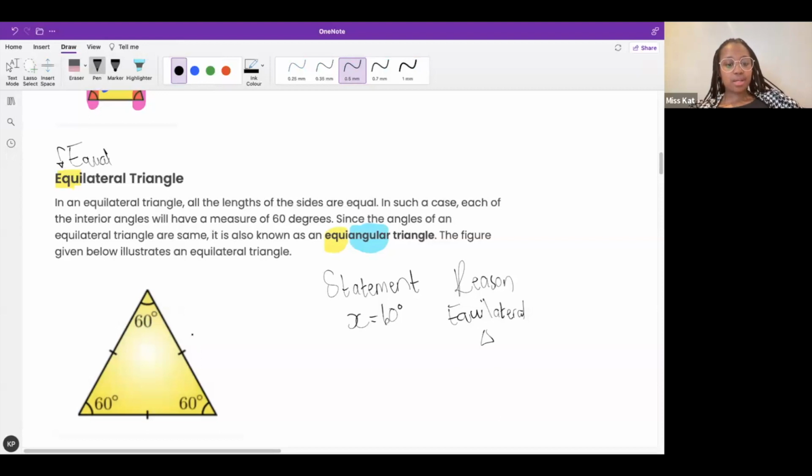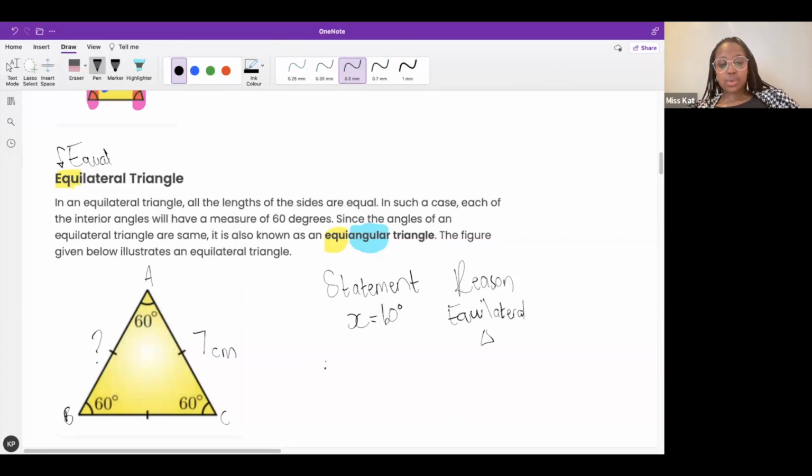Now, if the side here is 7 centimeters, how much will the side be over here? What do you guys think? Maybe I should name it ABC. If AC is 7 centimeters, then AB will be 7 centimeters.